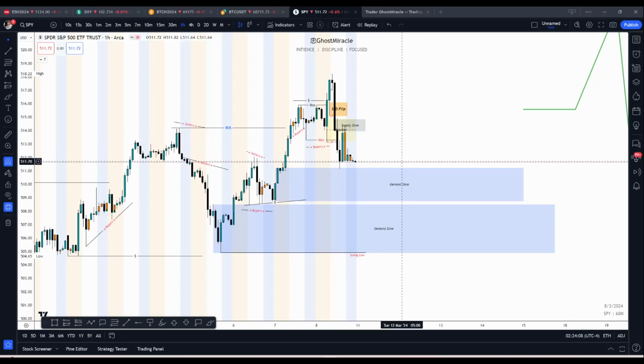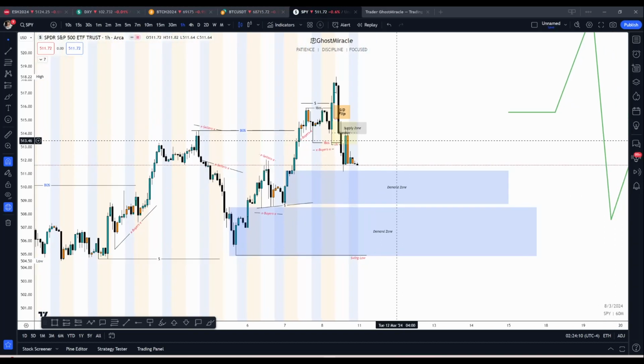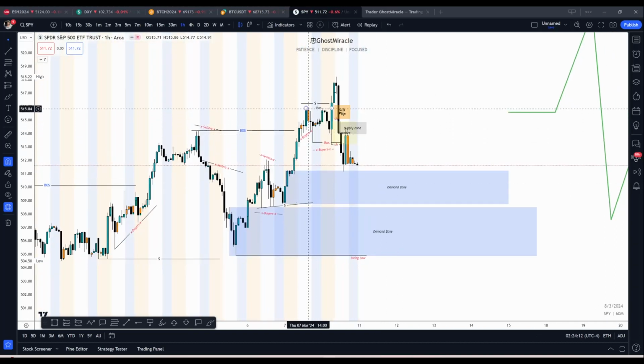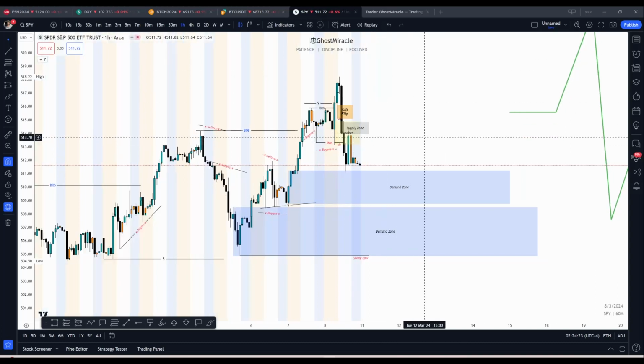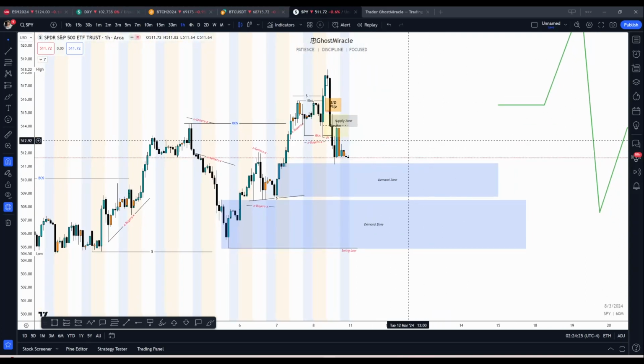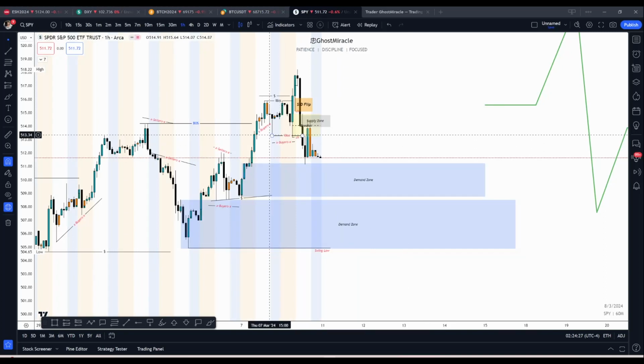All right. So it would be more something like this: internal break, chokes. I'm still iffy on this because it's completely equal highs across the board, which makes sense of why price did what it did.